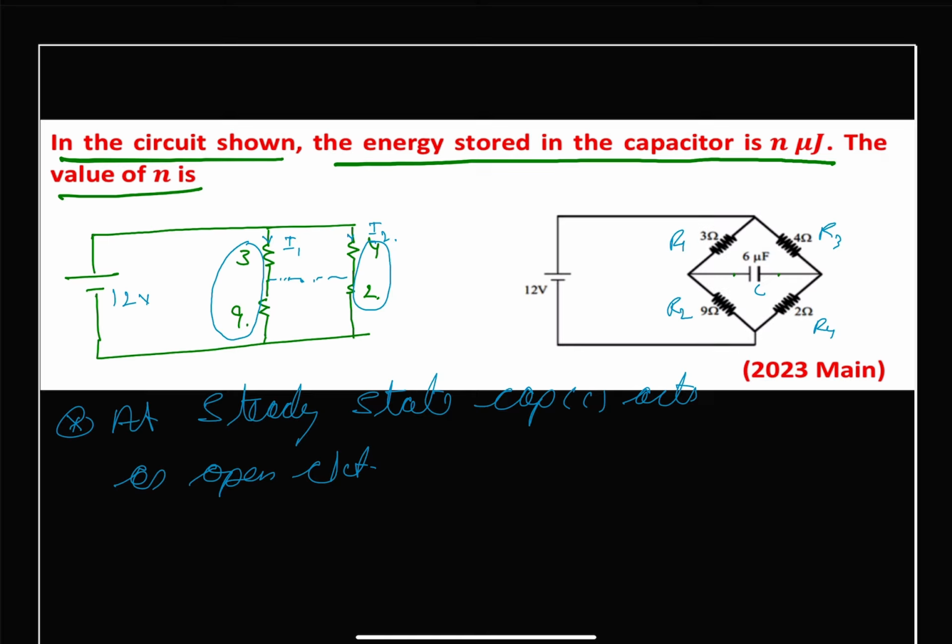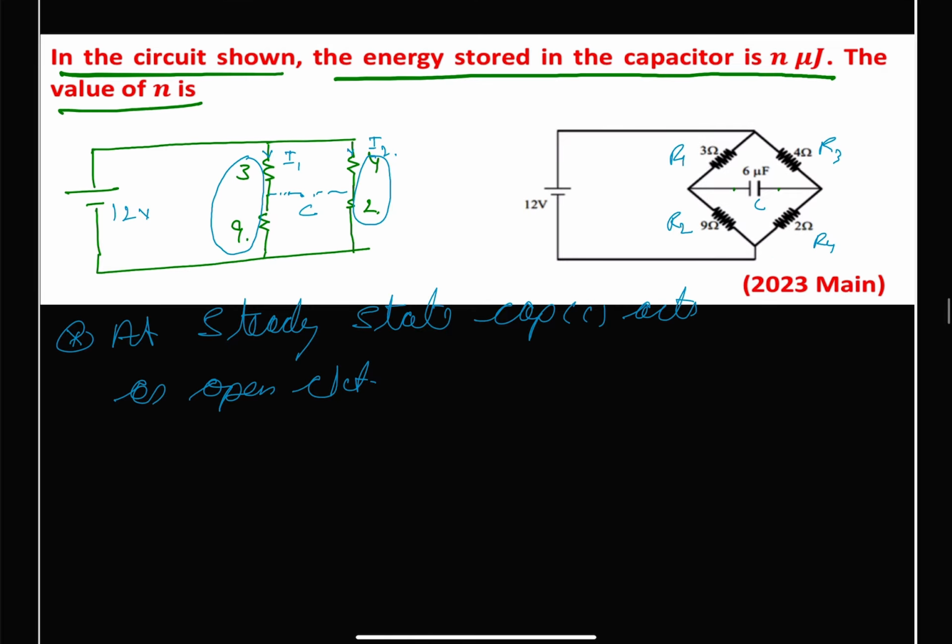Therefore our I1 will be equal to supply voltage V divided by R1 plus R2. V is our 12 and this comes as 3 plus 9, giving us 1 ampere.